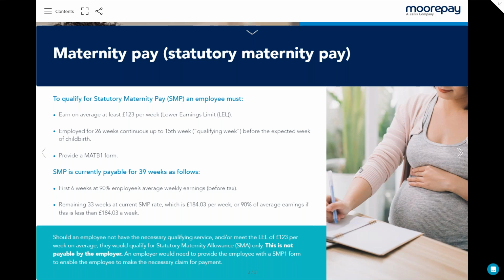We don't pay maternity allowance as an employer, we only pay maternity pay if they're entitled to it. So if somebody's already pregnant when they come to work for you, or they don't earn over the lower earnings limit in the 8 weeks prior to the qualifying week, then they would get an SMP1 form and take that to the government and claim the money from them. Okay, if we move on.